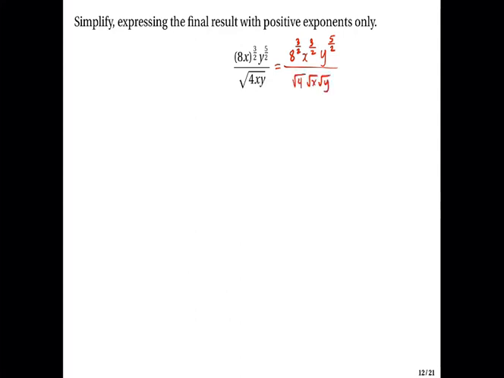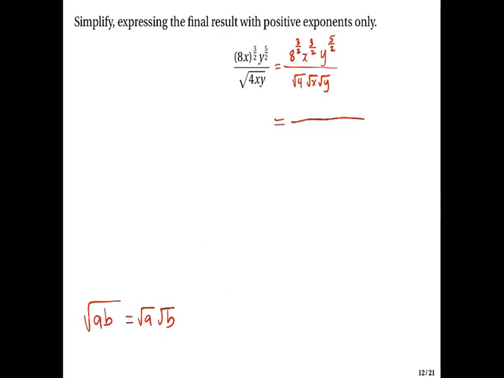So remember that law. Square root of AB, this is square root of A, square root of B. Which means from here, square root of 4, that's just 2. And then your square root of x, okay, we convert it to fractional exponent.